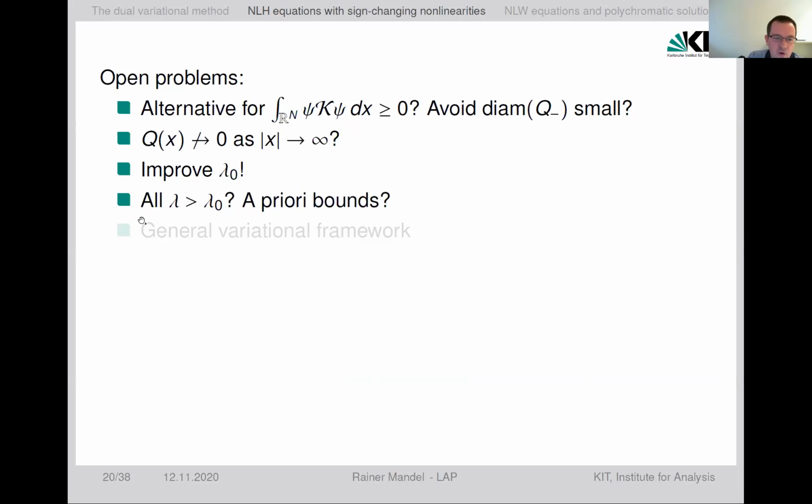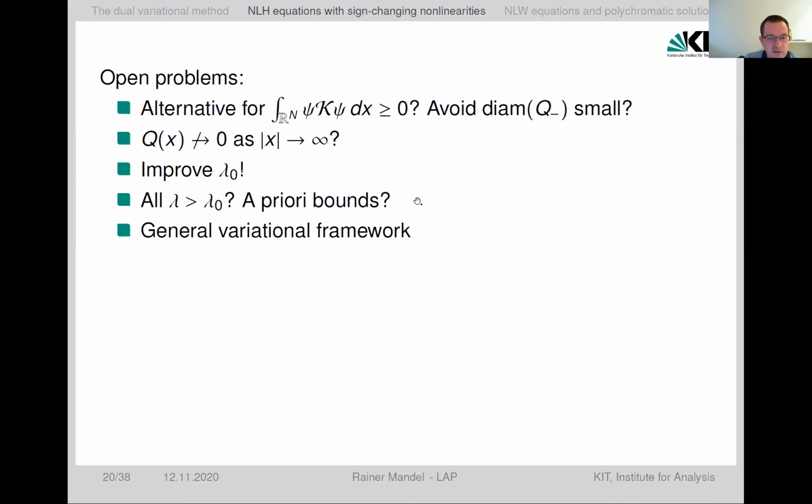And of course, almost all is a bit disappointing. It's something, it's more than nothing, but it appears strange to me. So the question is, do really all lambda bigger than lambda 0 apply? This could be solved, for instance, if there were a priori bounds for solutions, but it is unclear how this should work.